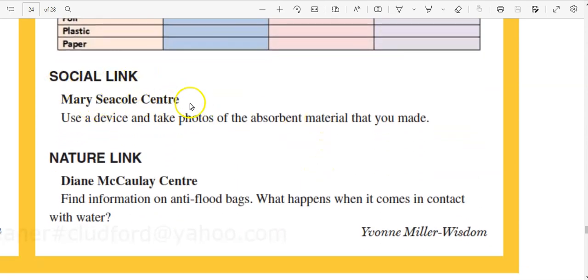Social link, Mary Sequel Center. Use a device to take photos of absorbent materials that you made. Dan Macaulay Center, NatureLink. Find information on anti-flood bags. What happens when it comes into contact with water?